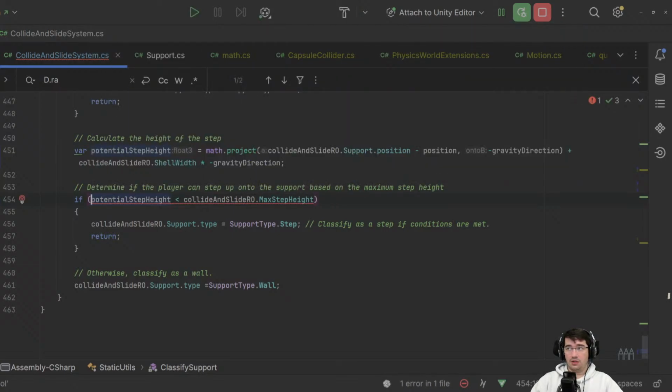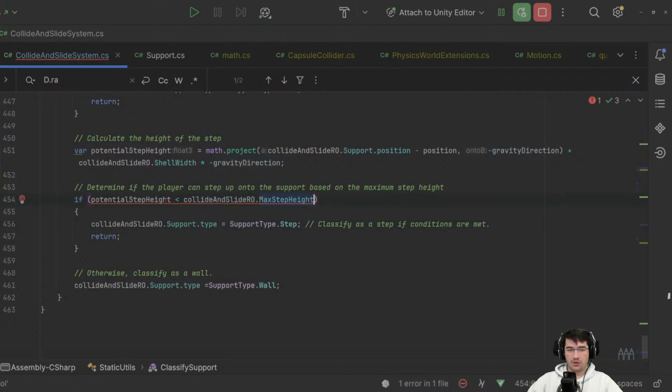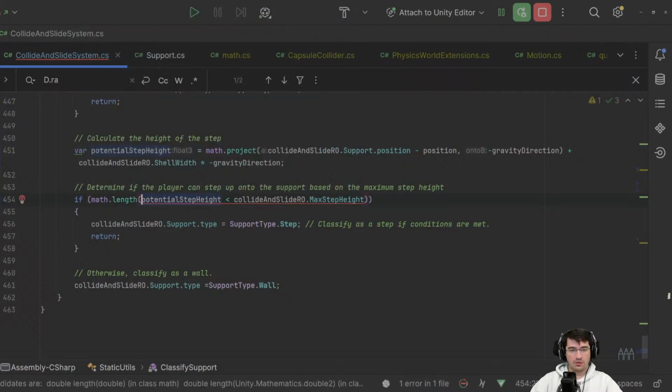Or can I use the maximum step height times minus the gravity direction? No, he's not happy. Okay, so let's do the length of this one.